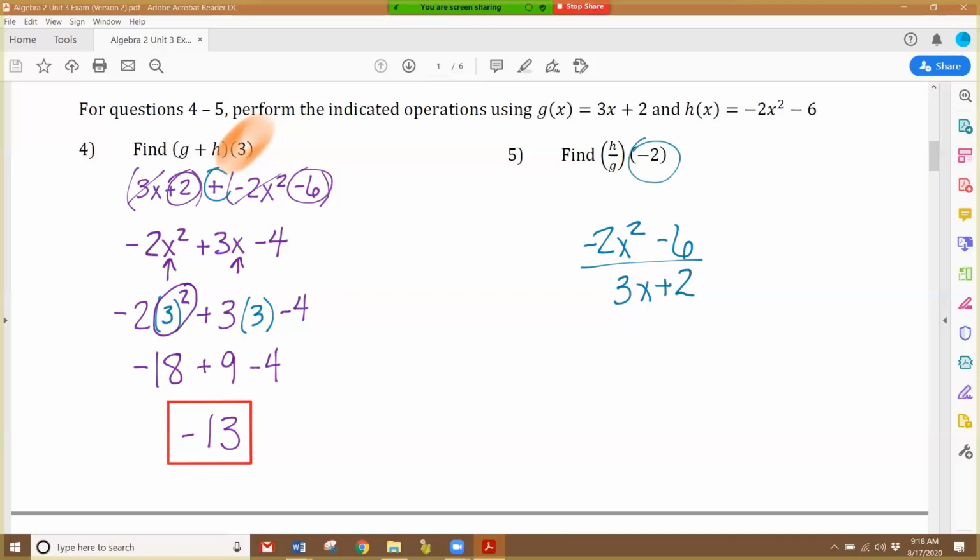In this case, it's -2. So in the places we see x, we're taking them out and replacing them with -2 because that's what we were given to substitute. So -2 times -2 squared minus 6 divided by 3 times -2 plus 2.